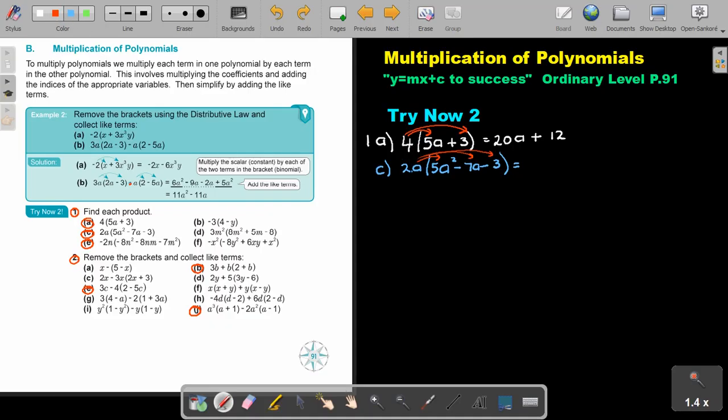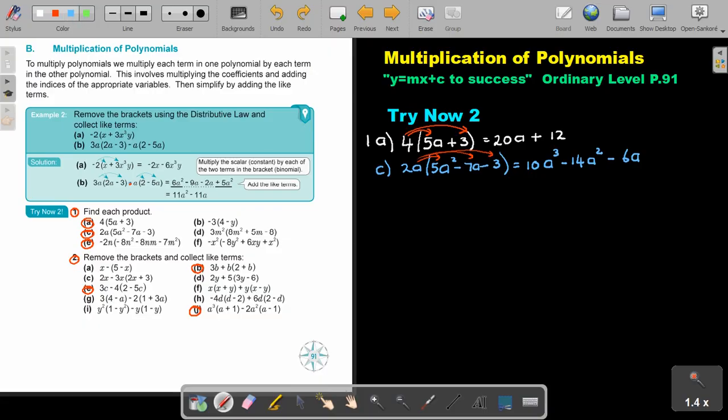So 2a times 5a squared, that will be 10a to the power of 3, 2 plus 1 is 3. 2a times negative 7a, that will be negative 14a squared. And then 2a times negative 3, that will be negative 6a. And if I look at this, I'm going to say, oh, it's not like terms. And if it's not like terms, I cannot simplify it. I leave it like that.